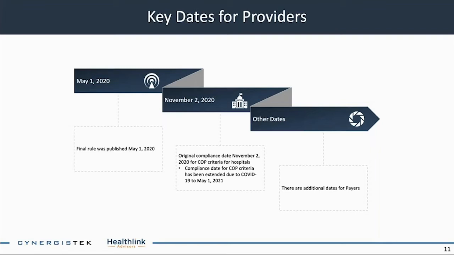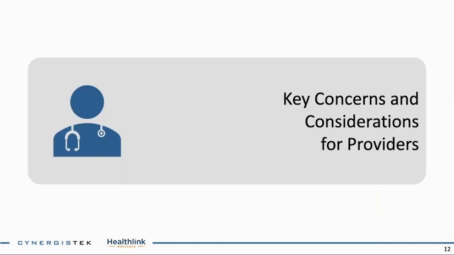And then we mentioned that we're only going to focus on providers for this webinar, but just be aware that there are additional dates under the regulation that are applicable to payers. Yeah, that's a really good point. To all of the organizations that you said were impacted, there's a series of deadlines that indicate when payers should be in compliance with capabilities that include the patient access API as well as the payer-to-payer communication requirements.